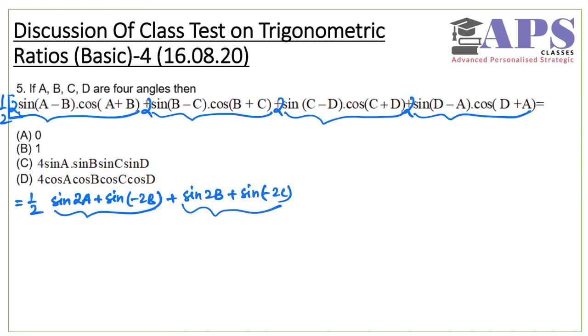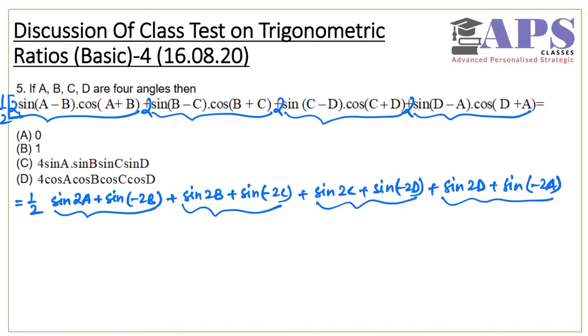From the third term it is sin(A plus B), that is 2C, plus sin(A minus B), that's minus 2D. And the last term is sin 2D plus sin minus 2A. Okay, and there is a half outside. So now you can see the terms, this sin 2A with sin of minus 2A, they will get cancelled, this 2 will be cancelled, this 2 will be cancelled, and this 2 will also be cancelled, and finally you will get the sum as 0. So the correct option is option A.